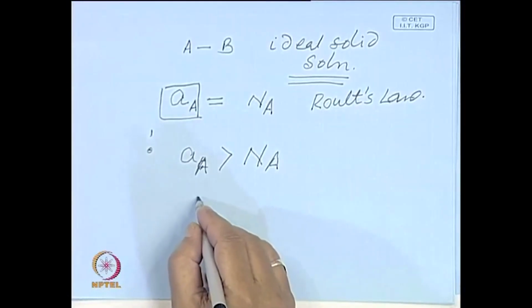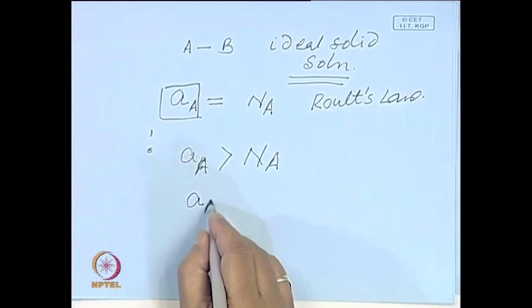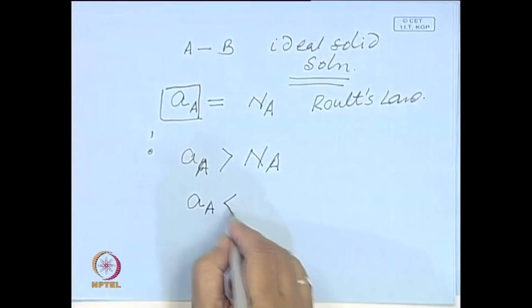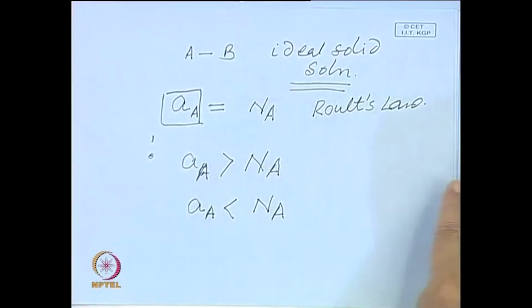Similarly, if there is ordering, A will like to have B as its neighbor, which will be more preferred. In that case, the activity will be less than N_A.